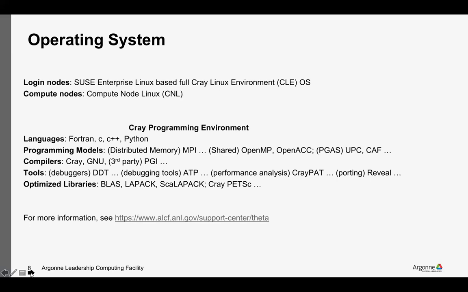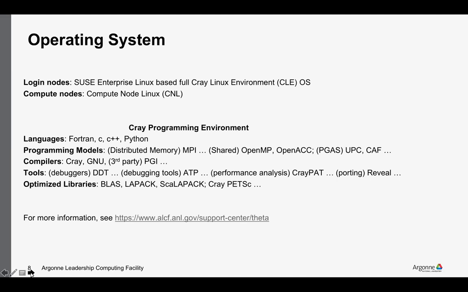Now, on the login nodes, the programming environment includes support for languages such as C, C++, Python, Fortran, and support for programming models, distributed memory and shared memory. So you'll find MPI, OpenMP, and OpenACC, as well as some PGAS models.